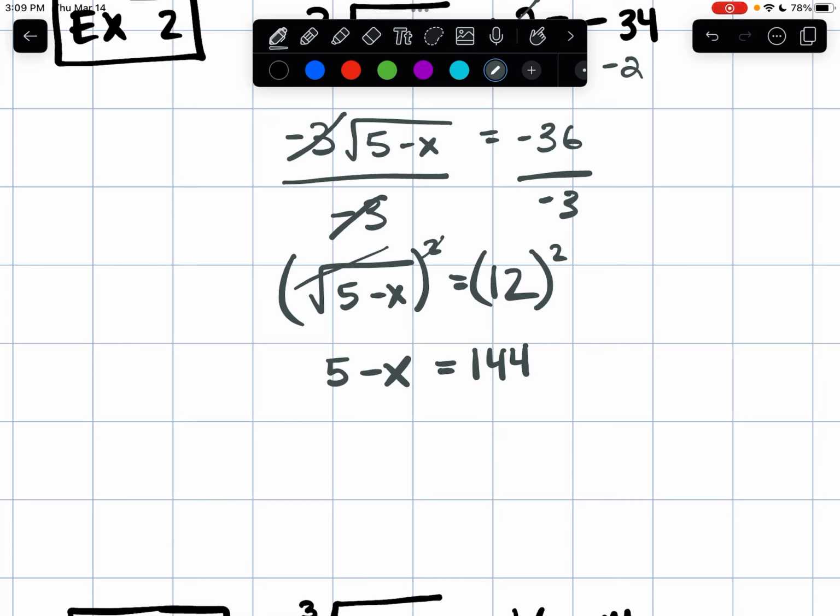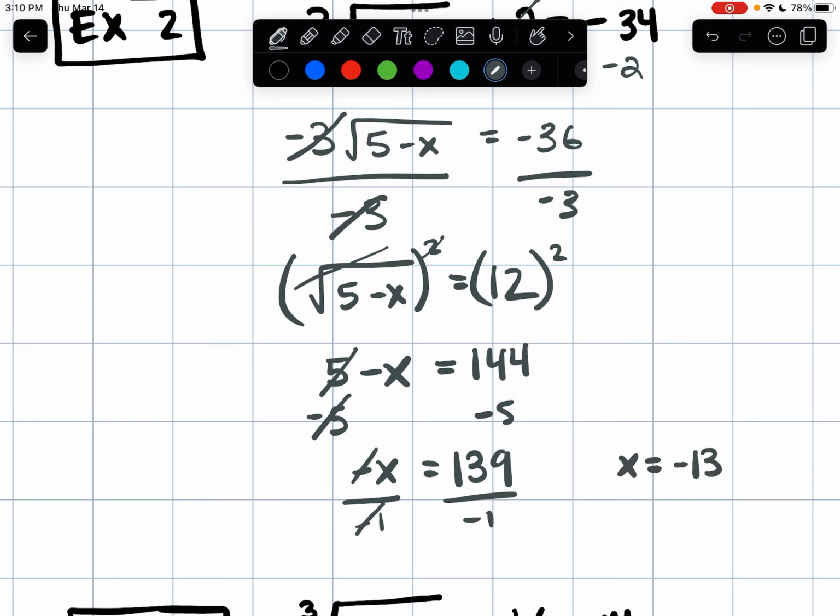I'm then going to subtract 5 on both sides, again trying to isolate the x, and that gives me negative x equals 139. Now I don't want to know what negative x is, I want to know what positive x is. So if I divide both sides by negative 1, we see that x equals negative 139.